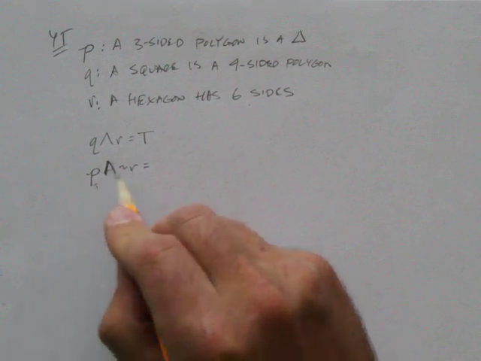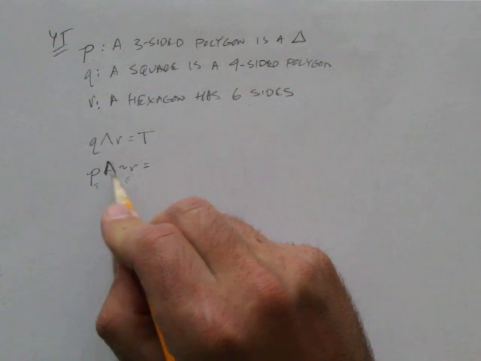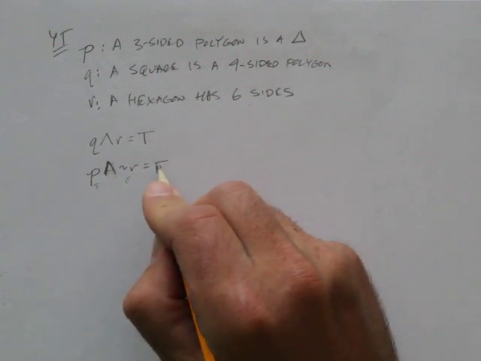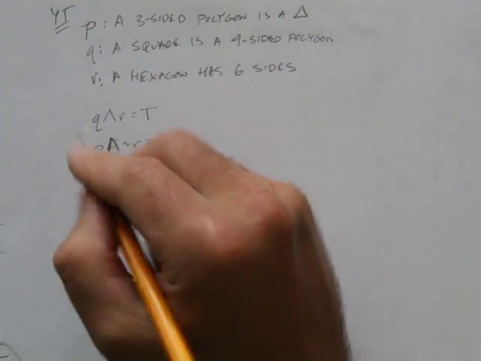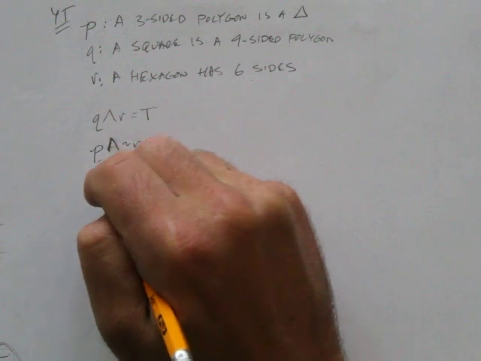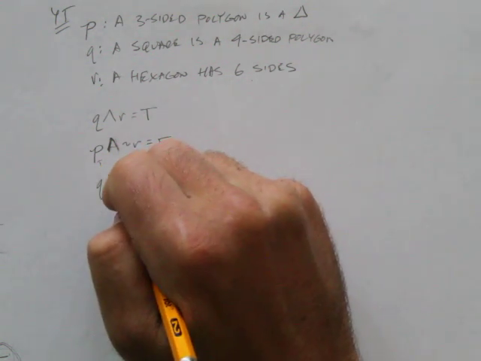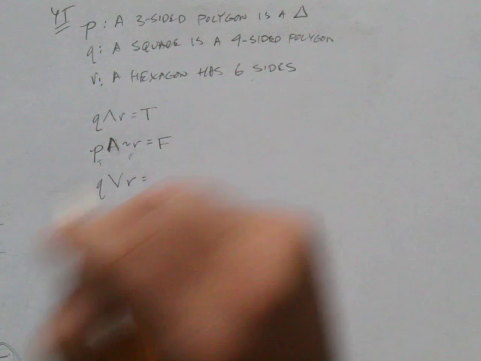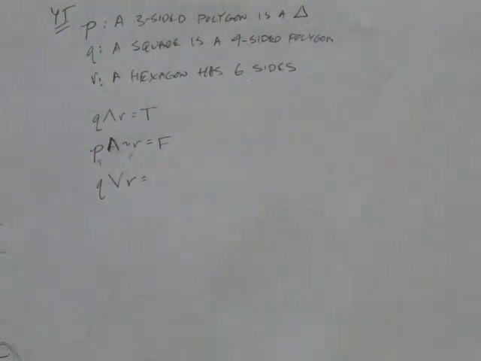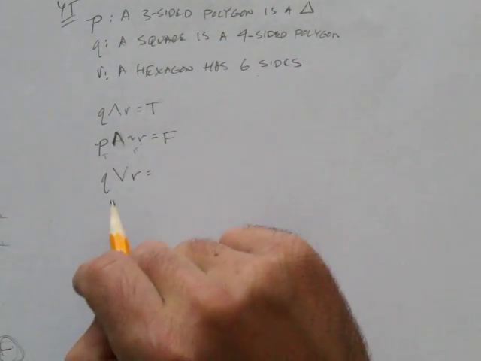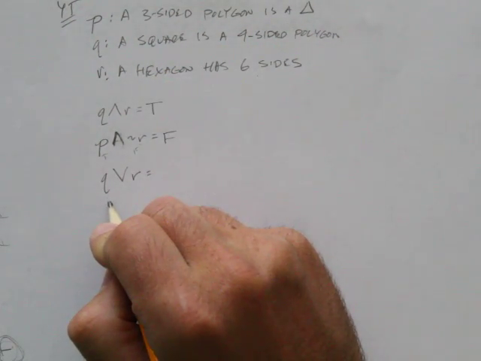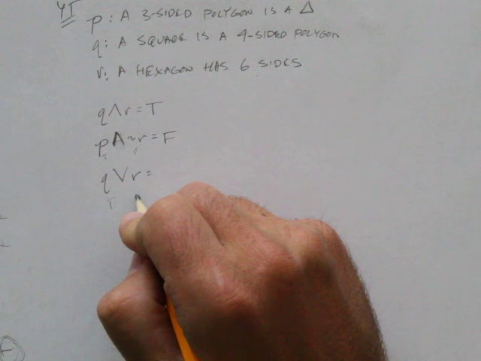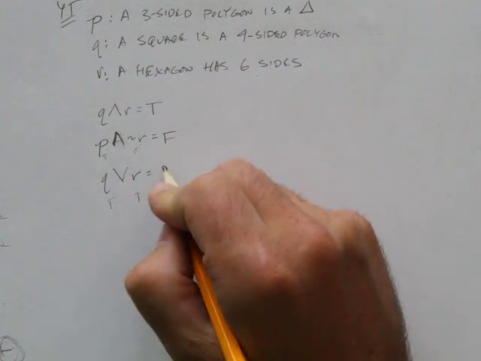So I've got a true one here and a false one here. Since it's and, this whole thing is false. Q or R. Okay. Q is true. R is true. So it's true.